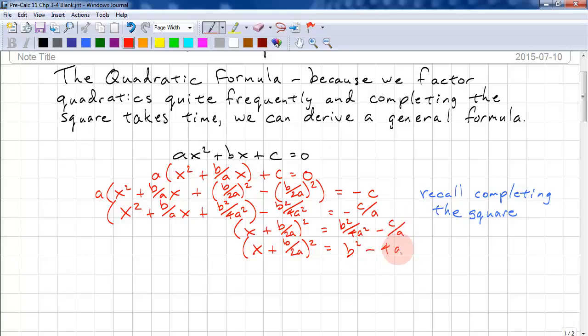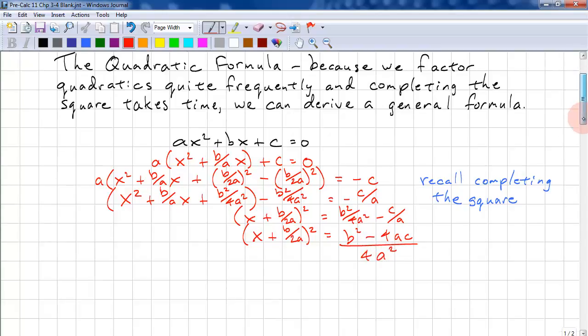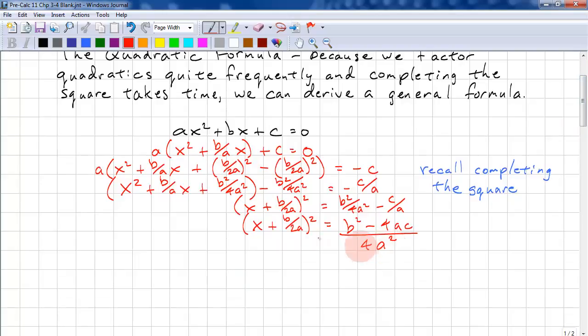Minus 4ac all over 4a squared. Okay, now we can take the square root of both sides. x plus b over 2a equals, we'll do the square root of the top, b squared minus 4ac. The bottom, we can take the square root directly. The square root of 4 is 2. The square root of a squared is a.